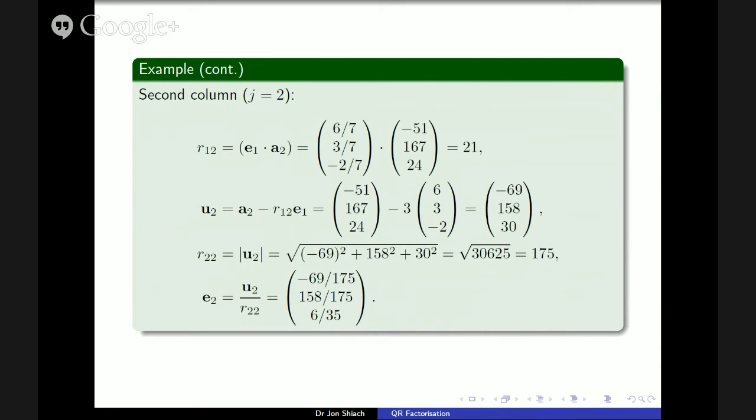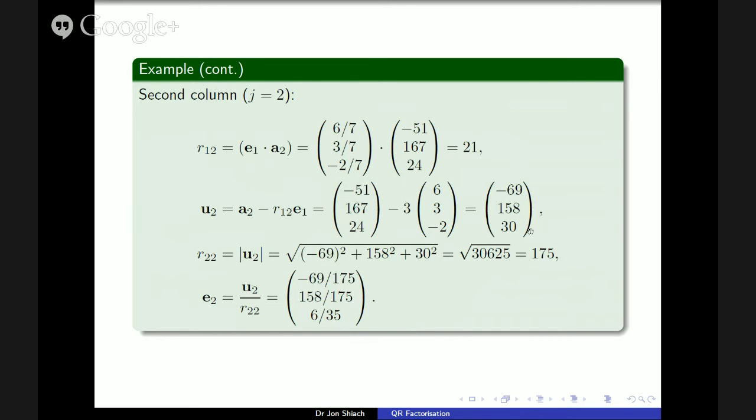Now we have to apply the Gram-Schmidt process to calculate a vector which is orthogonal to E1. So we take A2 and we subtract R12, which is 21, multiplied by E1. So we want to find a vector orthogonal to E1. And this is Gram-Schmidt. What have I done here? Well, 21 divided by 3 is 3, so that gets rid of the 7 denominators.